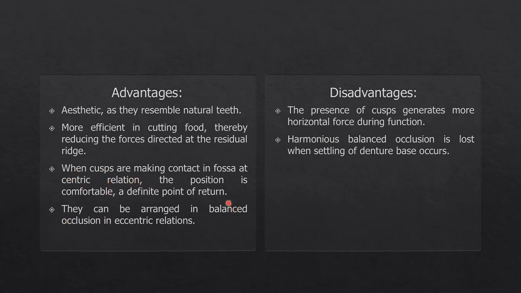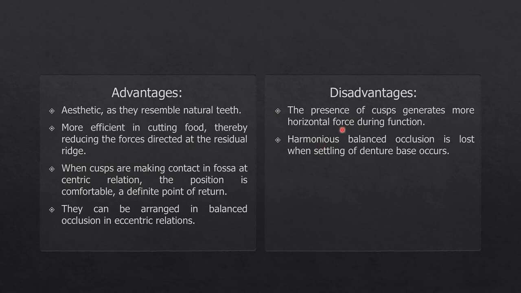They are primarily selected for the arrangement of teeth in balanced occlusion, so that when the patient performs excursive movements like protrusion, retrusion, and left and right excursions, the upper and lower cuspal inclines will be in simultaneous contact in any direction and will create a stable prosthesis.